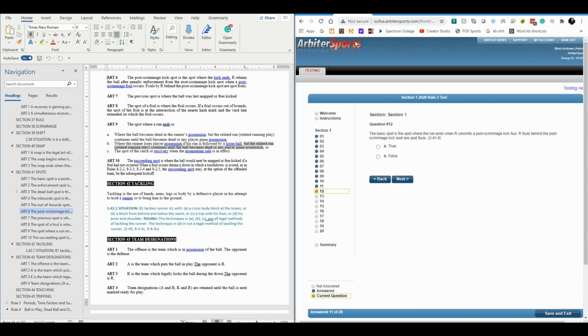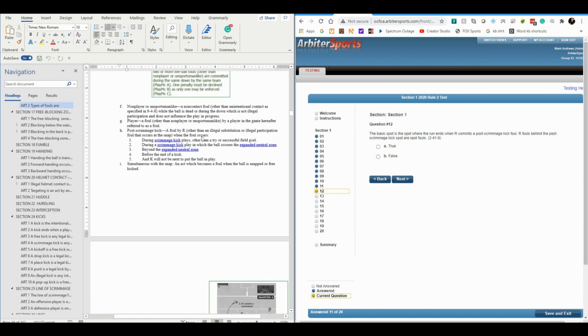Okay, so if we go to 2-4-1-6, and here's another reason to use my handy-dandy little electronic book. You see right there where it says when a post-scrimmage foul occurs? If I click on that, it describes what a post-scrimmage kick foul is.